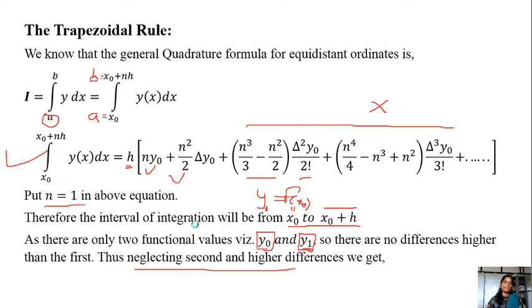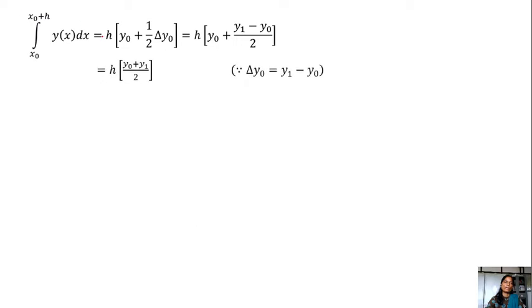So in the next equation we have written h (y naught plus 1 upon 2 delta y naught). We know the definition of delta y naught: it is the forward difference, and forward difference is succeeding minus preceding. So for delta y naught, the one after y naught is y1, so y1 minus y naught.